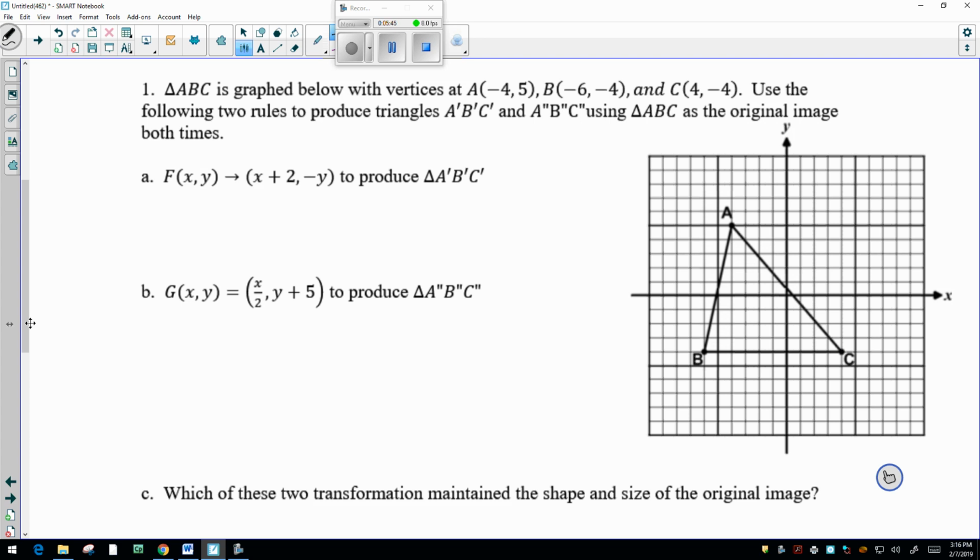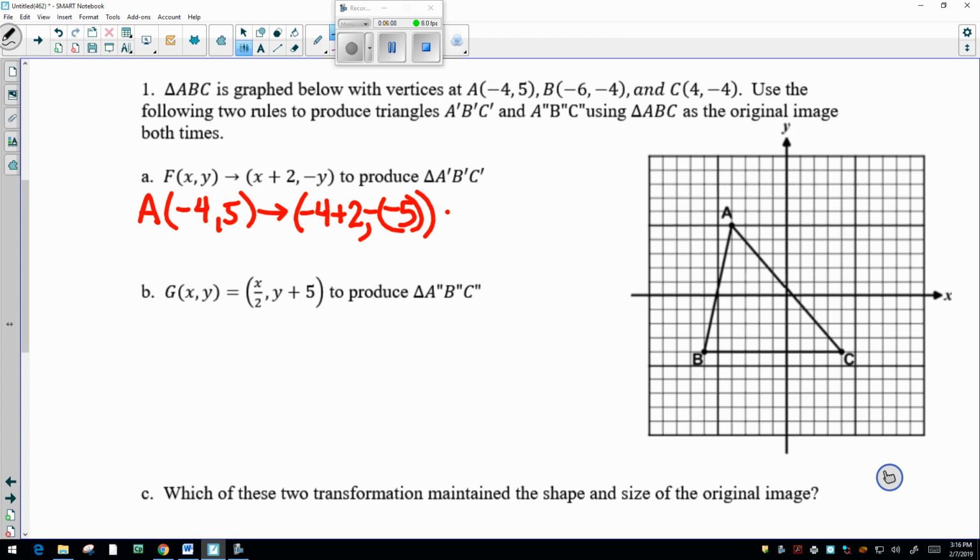We can either do it graphically or numerically, and I'll try and show you both. For instance, if we were to start at A, so we know A's coordinate is (-4, 5). And looking at this, it says I want to take this value, and to -4, I want to add a 2. And to the 5, I want to negate it.